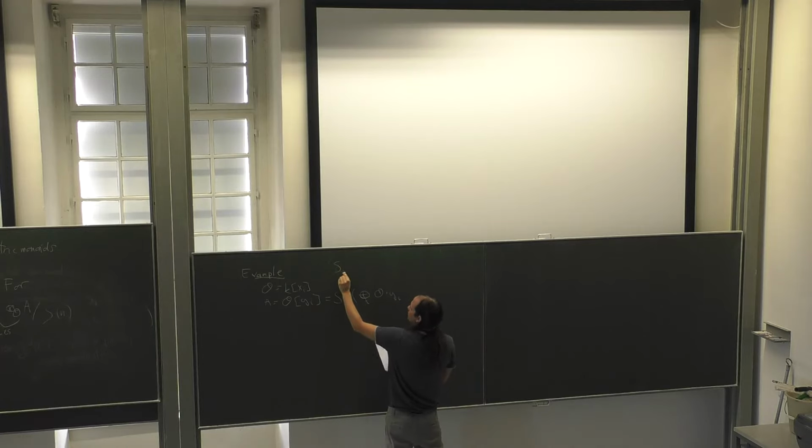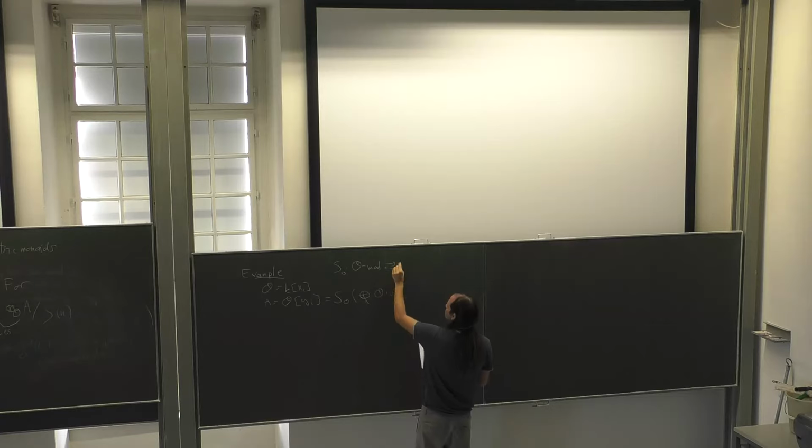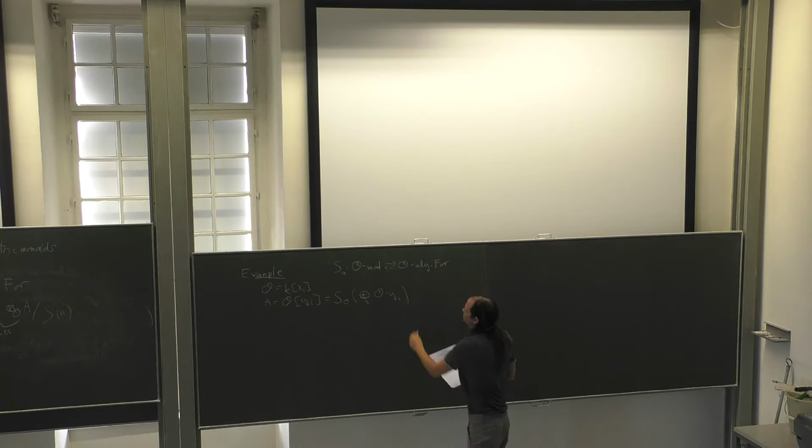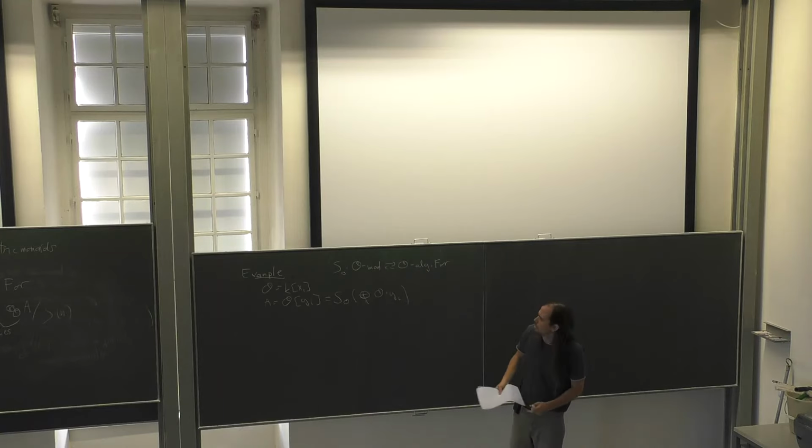This is SO that goes from O modules to O algebras. As you expect, a free commutative algebra that you get from a vector space, you want it to be a polynomial algebra, right?